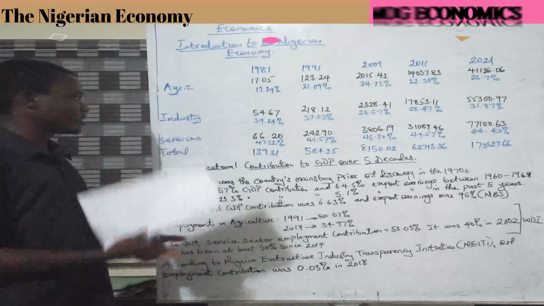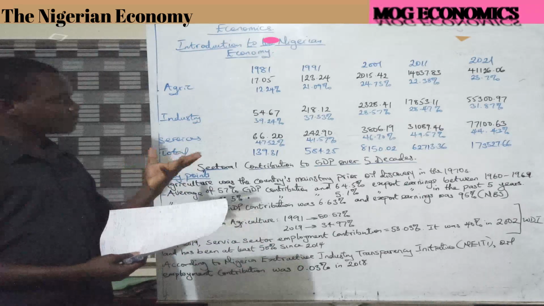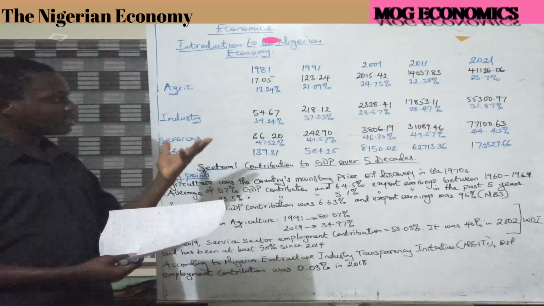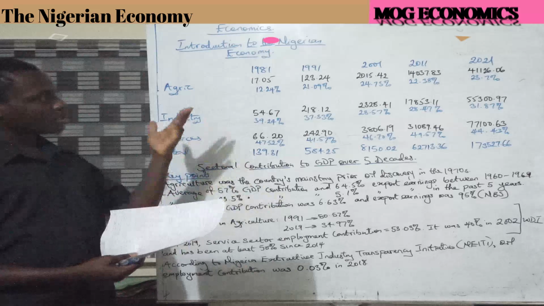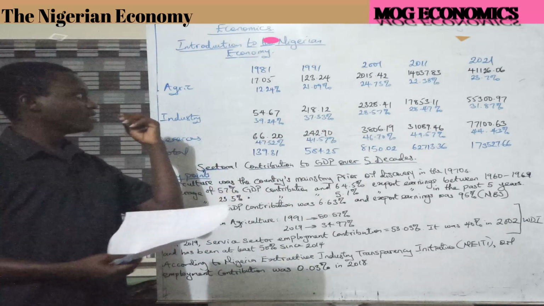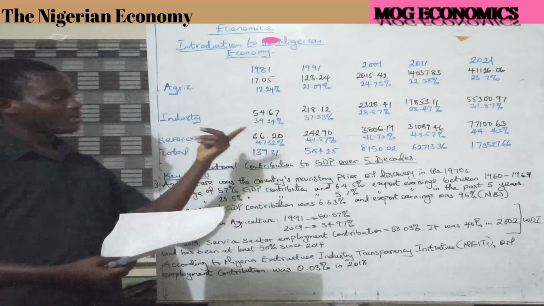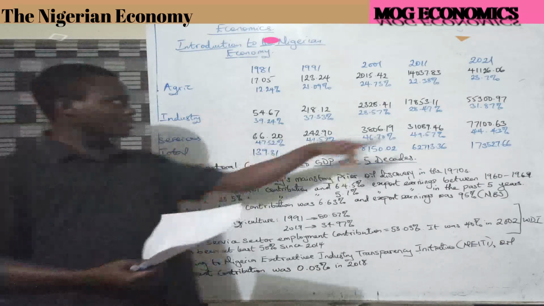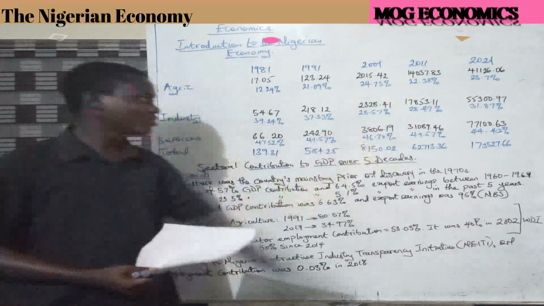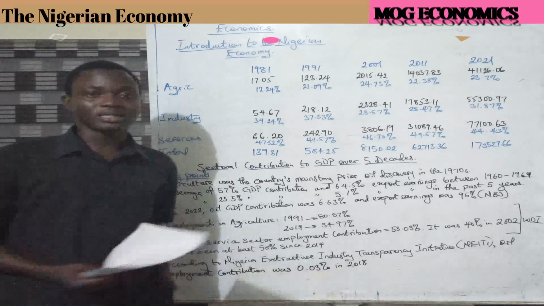It was highest in 1981, and it began to fall until 2021 when it rose again. So from 1981, industry's contribution to GDP fell and dipped in 2011. At least it was the lowest in 2011 before it picked up to 31.87%.